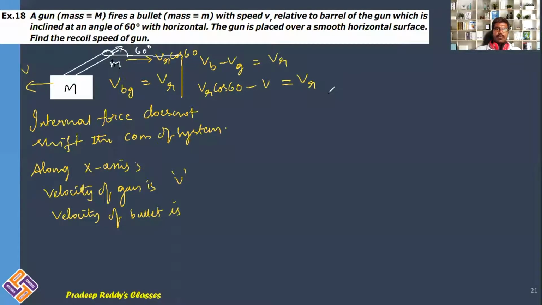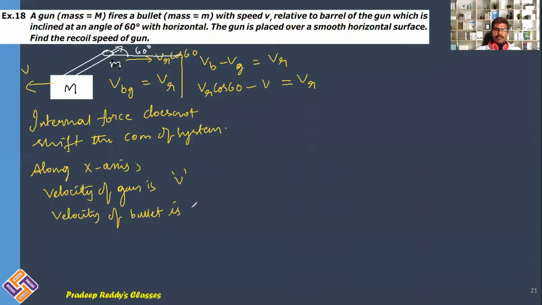Right? So the velocity of the bullet with respect to the gun, I have just calculated it. So the velocity of the bullet, you can just write it as, this V comes to the other side.